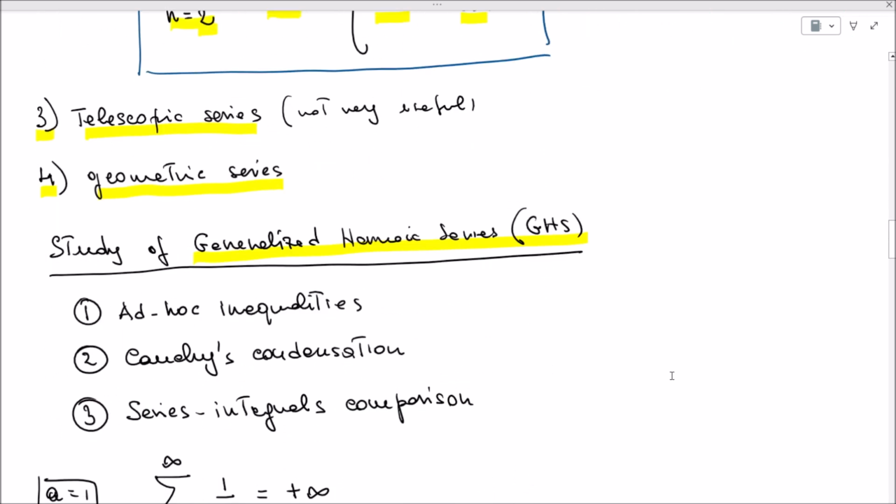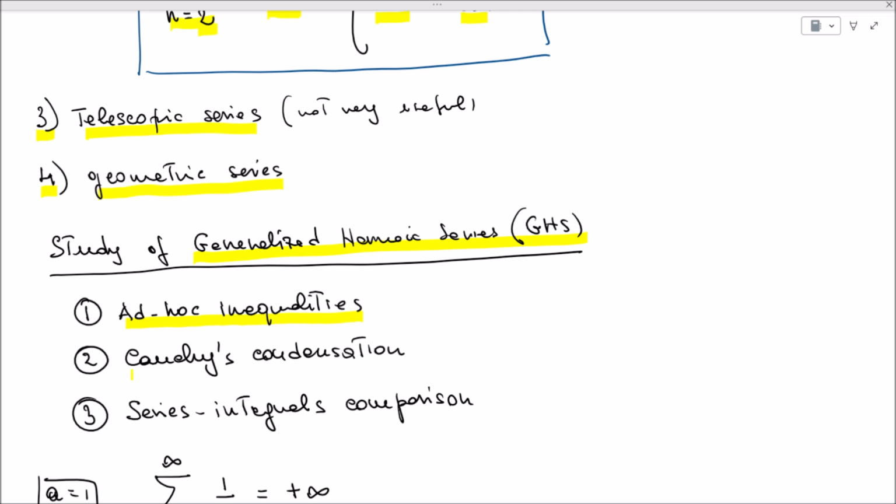And to study a harmonic series, we have three tools available. The first tool is just using some ad hoc inequalities. So case by case, we will come up with an inequality and we will use that inequality to study the divergence or convergence of the series.